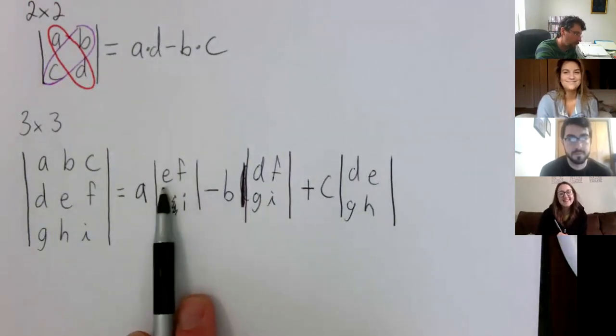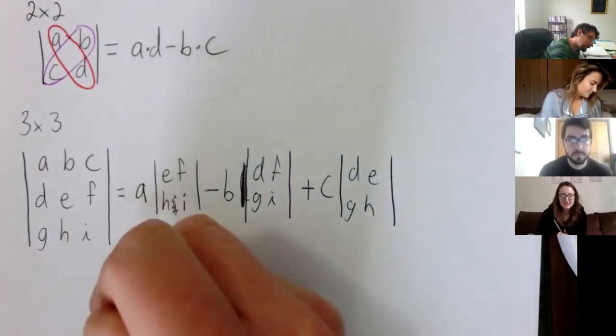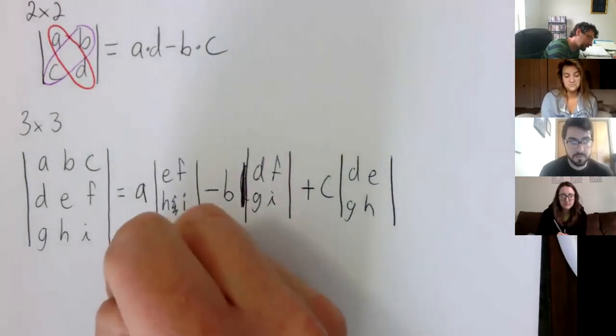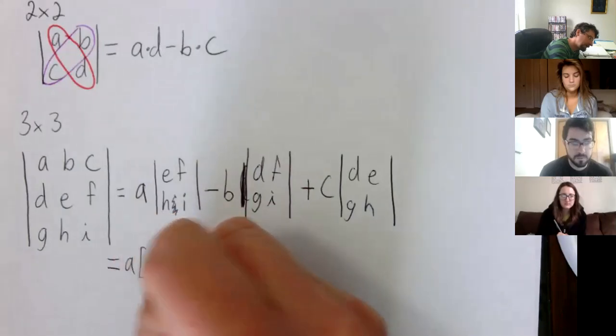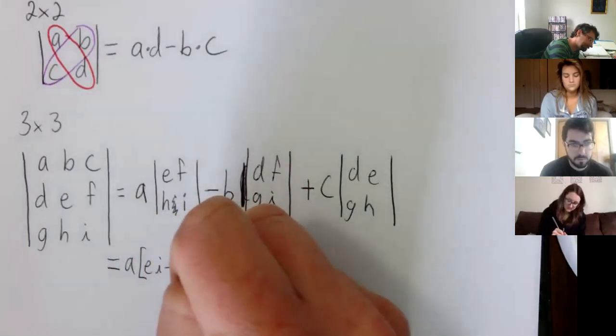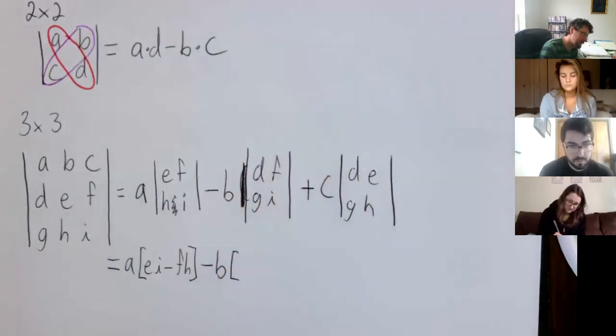So now, what's this going to look like? So we got A times what? EI, minus FH. Yep. Then we got minus B, what comes next?